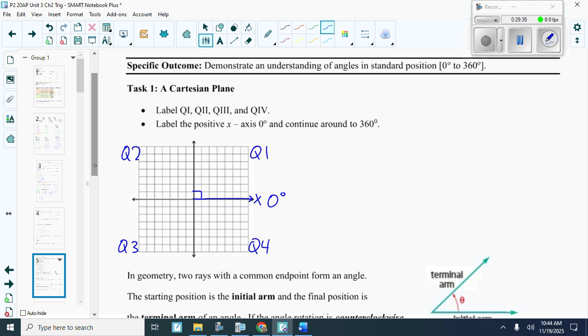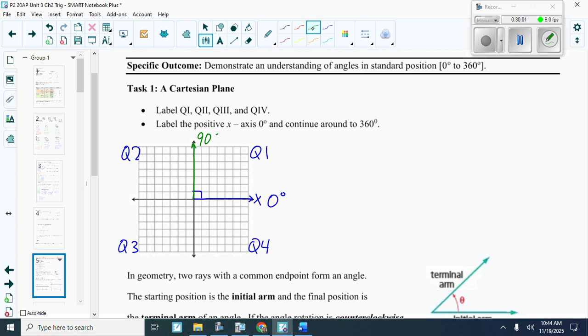If I now pointed up to the top, what would make my y-axis? What degree did I just move? What's a 90-degree angle? What's a right angle? It's 90! Awesome! You guys are wonderful. So the top is 90 degrees.